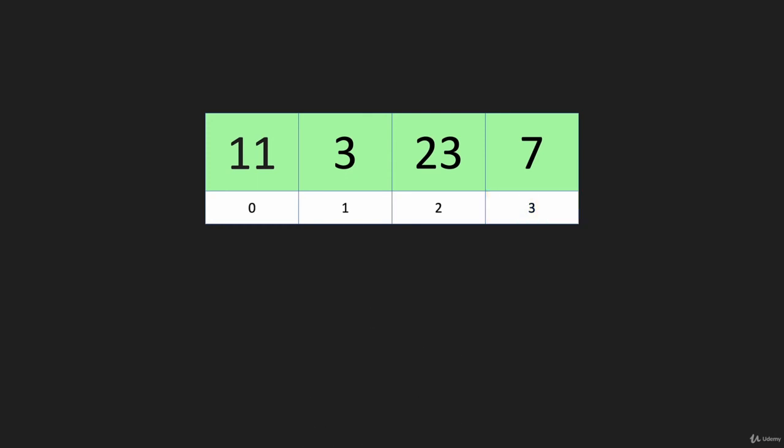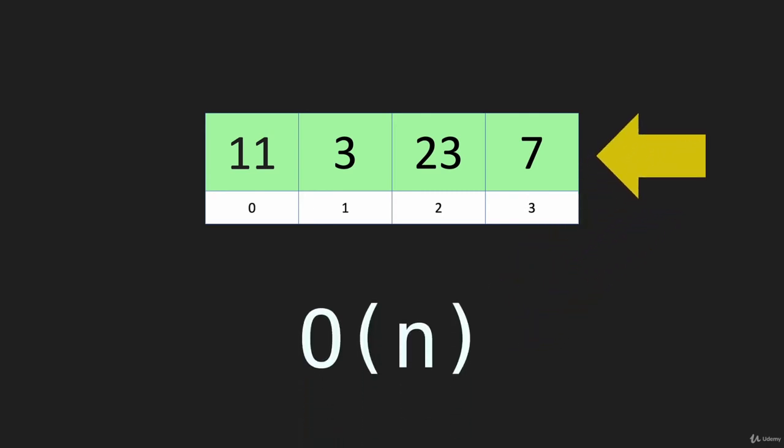Now let's look at finding an item. Let's say we're going to find the number 7 in this array. To do that, we'd have to start at the beginning and say, is that 7? No. No. And then we finally get to 7 and it's yes. That means that if you search by value, this is O of n.